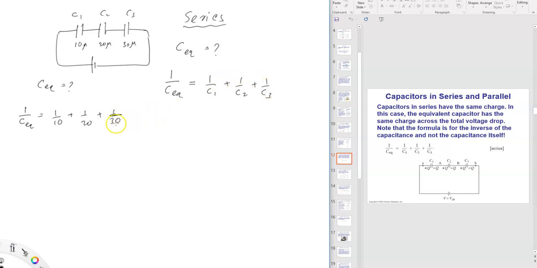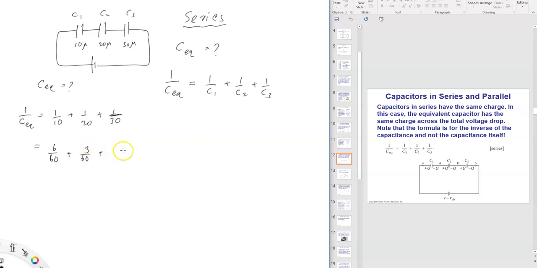If you are comfortable with simple algebraic operations, you can look for the common denominator for all these three. It looks like the common denominator is 60. So we can write 6 over 60. 1 over 10 is 6 over 60. 1 over 20 is 3 over 60, right?